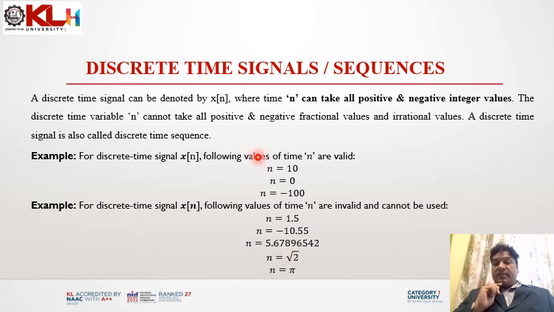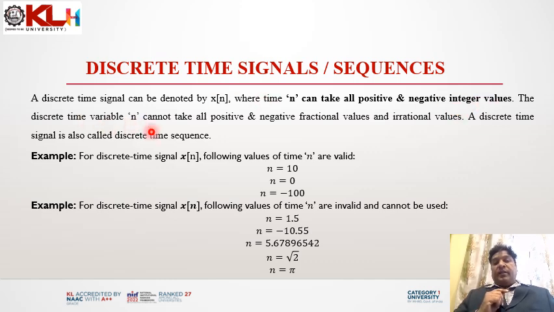Now we are going to discuss discrete time signals, which are also called discrete time sequences, and they are represented by x of n. Here n is called the discrete time, and n can take all positive and negative integer values only.